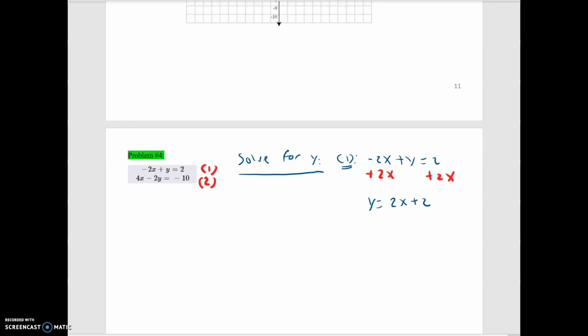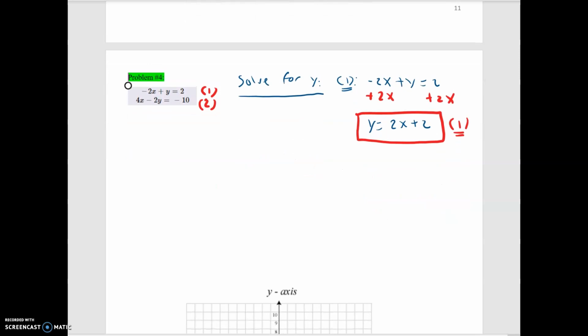That's our first equation, and let me label it as equation 1, solved for y. Let's actually look at equation 2. This one has 4x minus 2y is equal to negative 10. So we're going to be subtracting the 4x's. So negative 2y is equal to negative 4x minus 10.